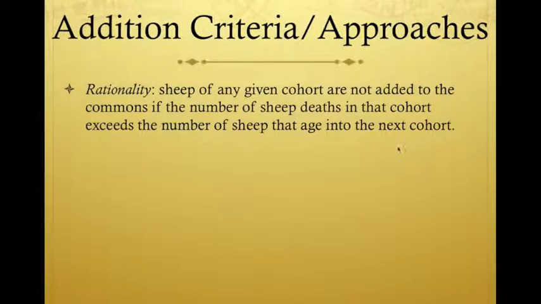And this essentially makes the assumption that the villagers are rational, and they only add sheep if they see that sheep are able to age from being in the commons. If they put sheep in the commons and the sheep start to die, then they stop, they don't do this, because it's not good for them. So this is the rationality assumption or approach or criteria embedded in the villagers' strategy for adding sheep to the commons.